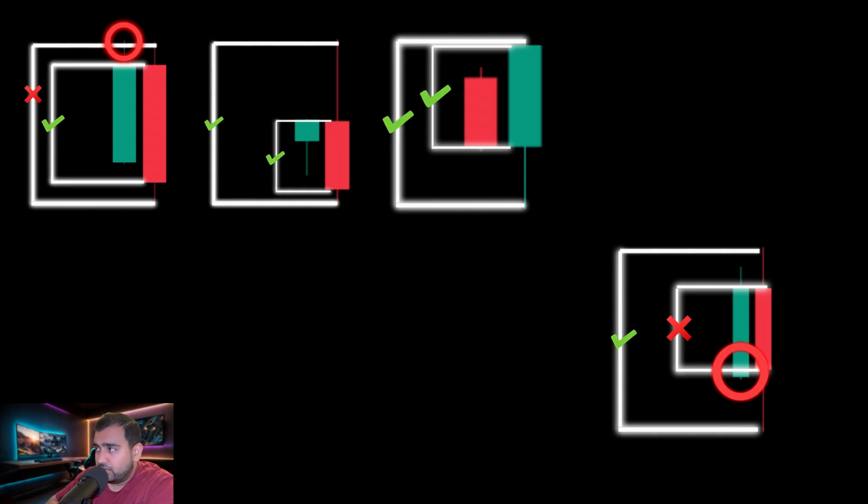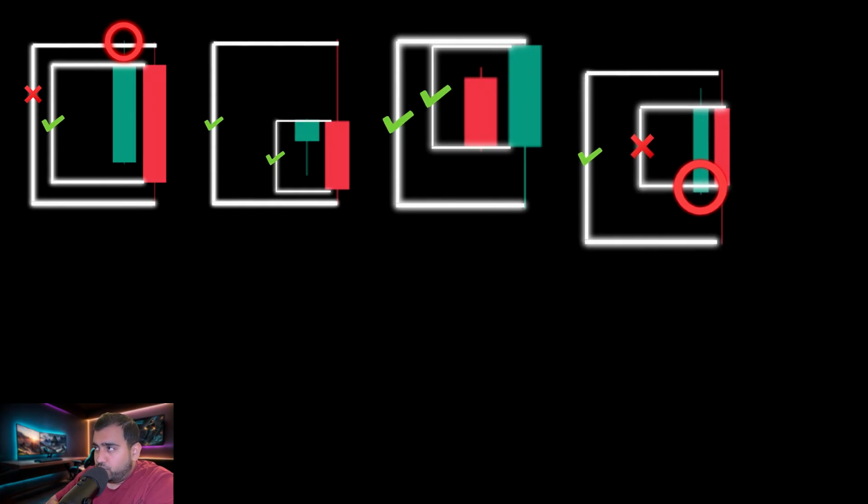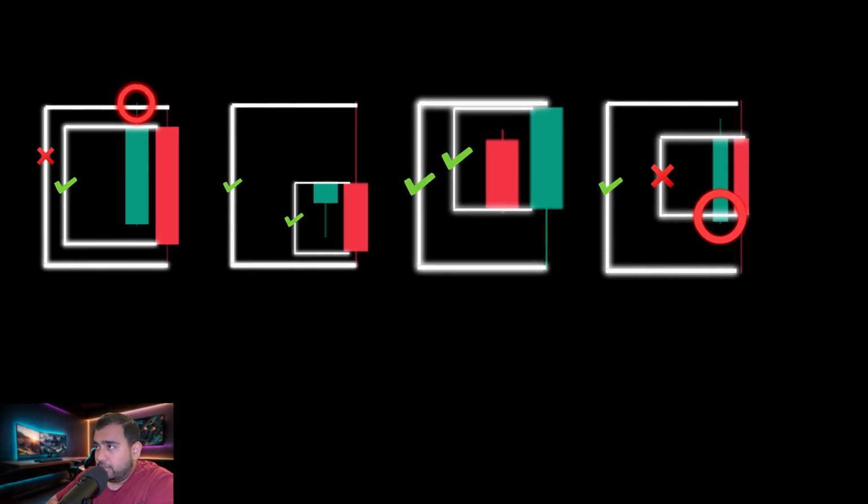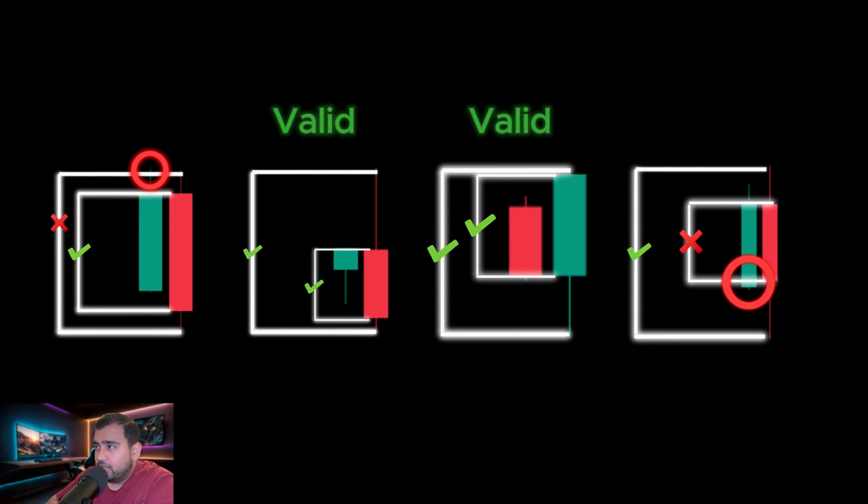The green body goes beyond the lower limit of the red body, so it's not a valid pattern, and we will not use it. By the way, this is a right engulf pattern, but not valid for our strategy. We will ignore these types of patterns while looking into the market to generate signals. So I have shown you a few examples: two of them were valid and two were invalid. Now you know better which pattern is good and which is not valid for our strategy.